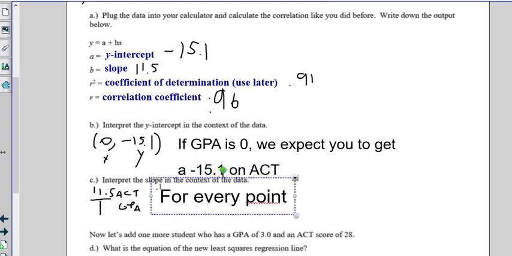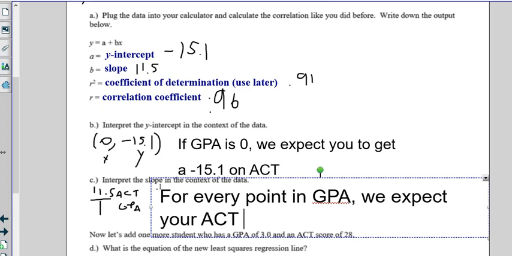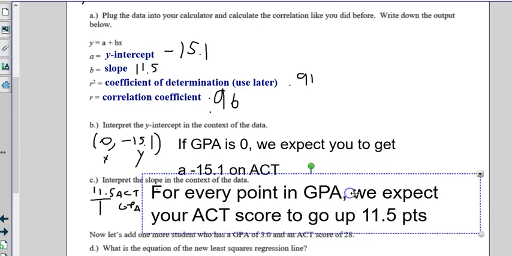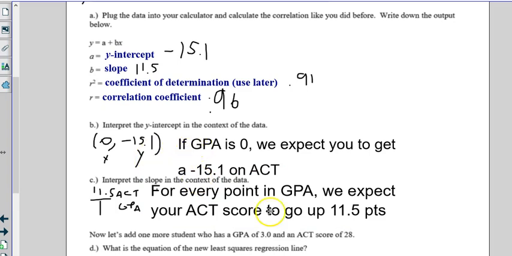For every point you get in GPA, we expect or predict your ACT score to go up 11.5 points. So for every point you get on your GPA, you're expecting your ACT to go up 11.5. That makes a little bit more sense than the y-intercept one.